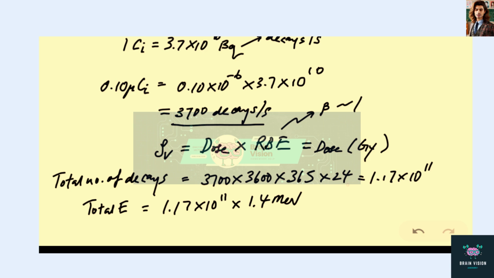Now we got to convert this MeV to joules, right, to get in terms of gray, because gray is joules per kilogram. So we convert that into joules by using the conversion factor, 1.6 times 10 to the power minus 13.